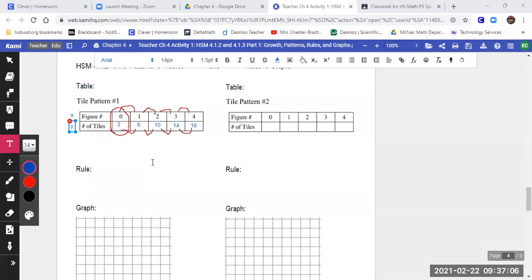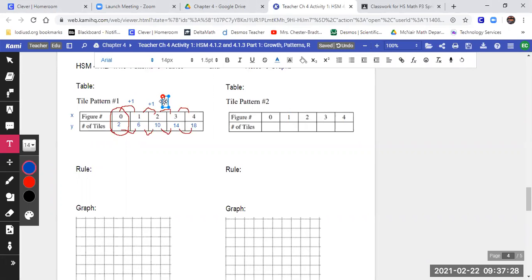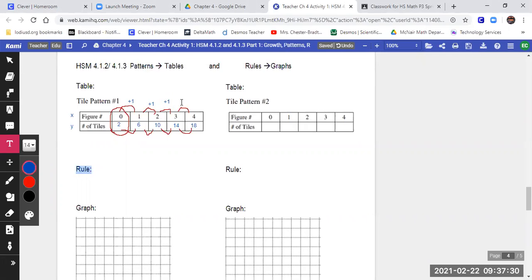What's going on each time with the x's, which is the top row? Adding one each time. So I have a +1 between that bridge. I have a +1 for this bridge, and I have a +1 for this bridge, right?